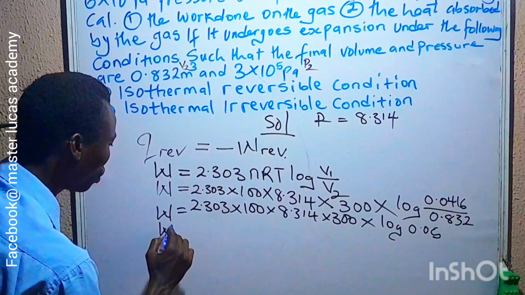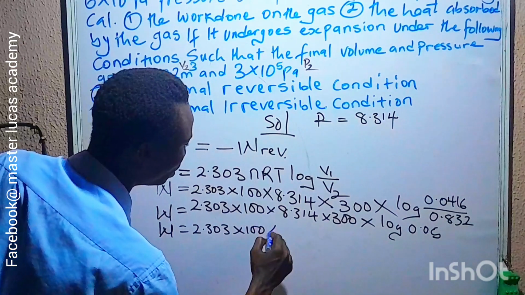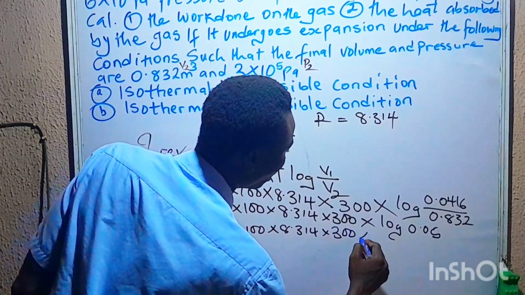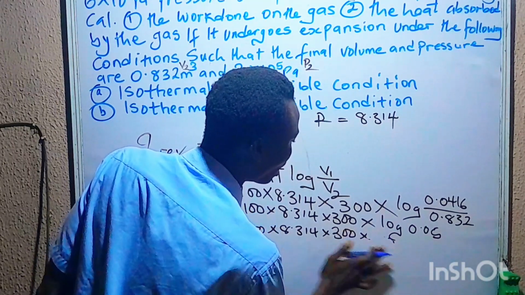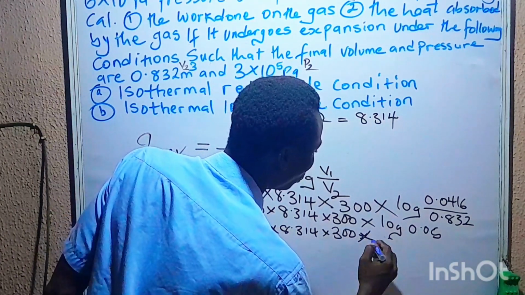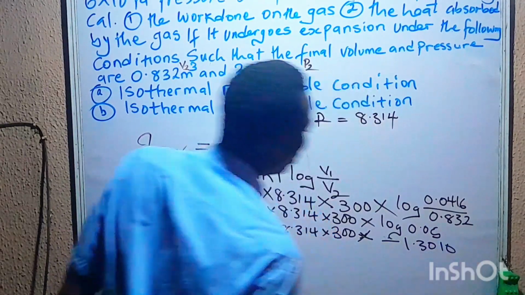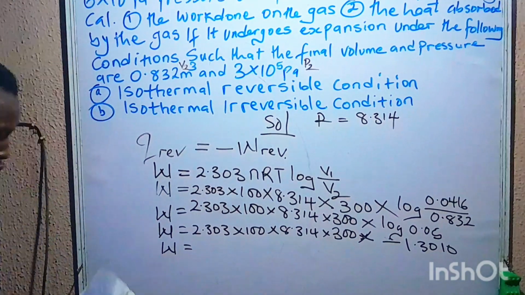That will be work done equals 2.303 times 100 times 8.314 times 300 times log of this one here. The log of this one is expected to be minus 1.3010. If you now multiply all of them together, what should be the final value you should obtain there?